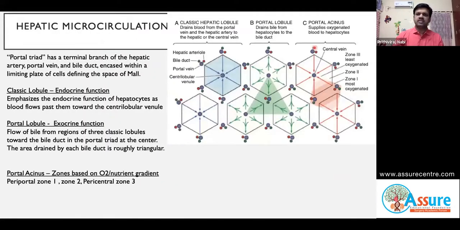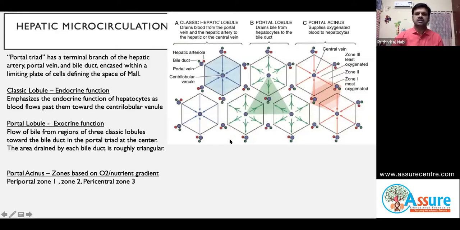Coming to the hepatic microcirculation proper, it is now divided into 3 types: the classic hepatic lobule, the portal lobule, and the portal acinus. The classic hepatic lobule was the one initially followed.